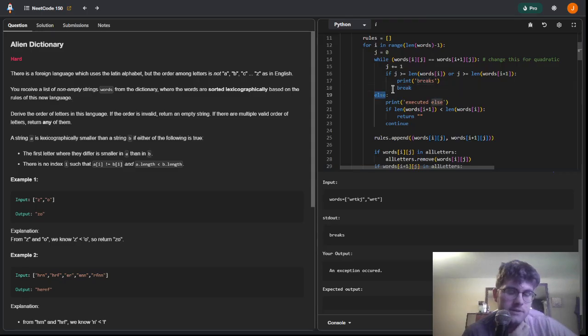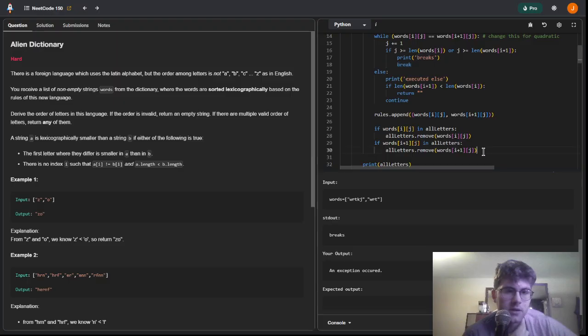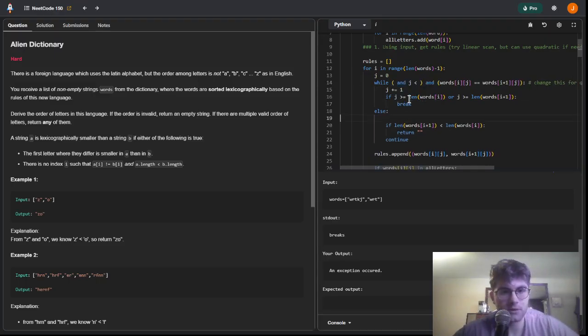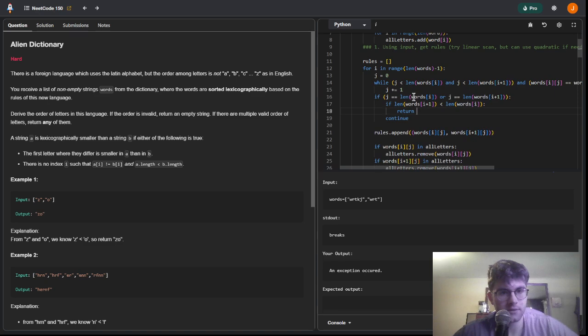So else always gets executed unless you break. So in that case, would I benefit from putting this inside the else? Yeah, I'm just going to keep it how it was. I'm not knowledgeable enough about that. And it's not like super bad or anything.